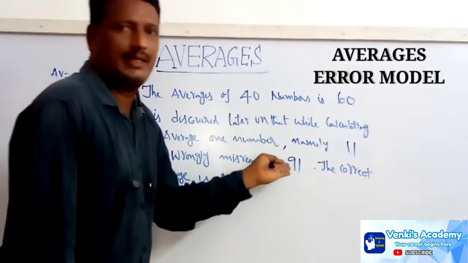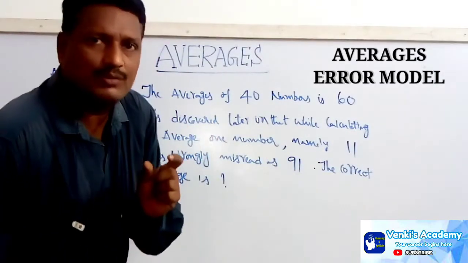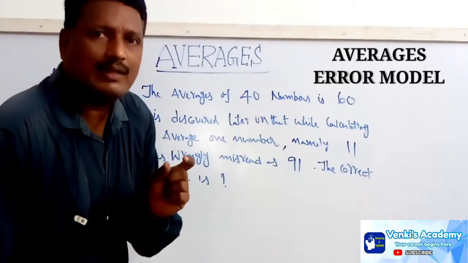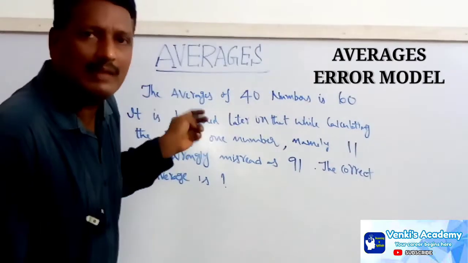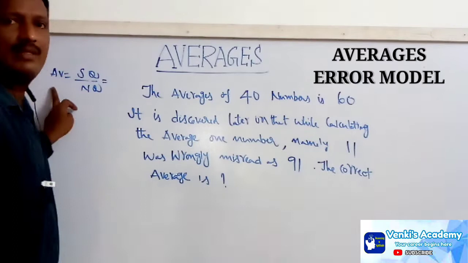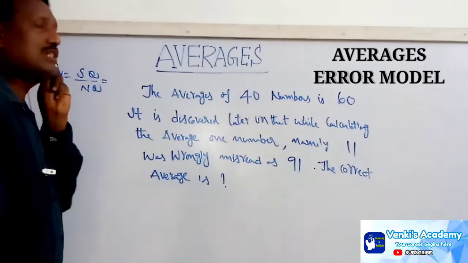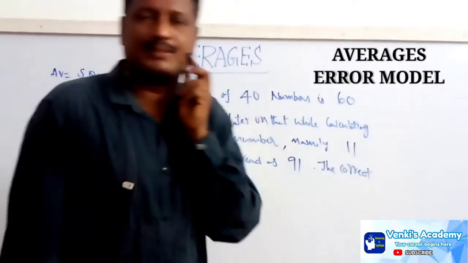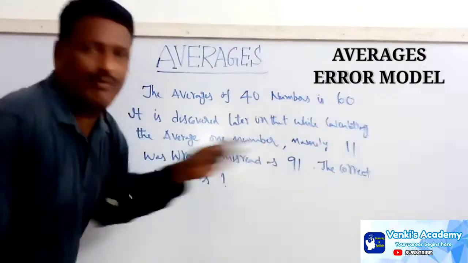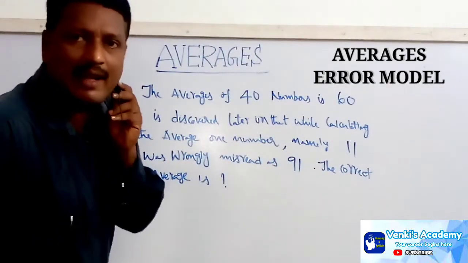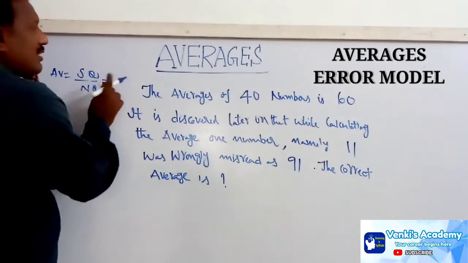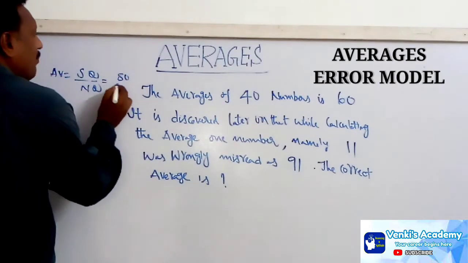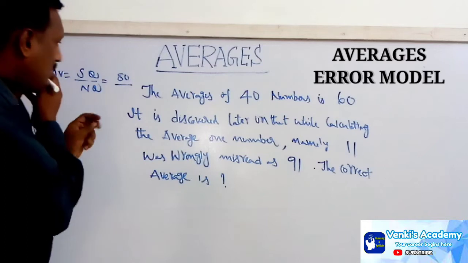The difference is 80. This 80 is the value we should consider as the sum of the quantities while converting into the average. What is the meaning of average? Average is equal to the sum of the quantities by the number of quantities. So the difference of 80 should be taken as the sum of the quantities. Instead of the sum of the quantities, we put 80, divided by the number of quantities.